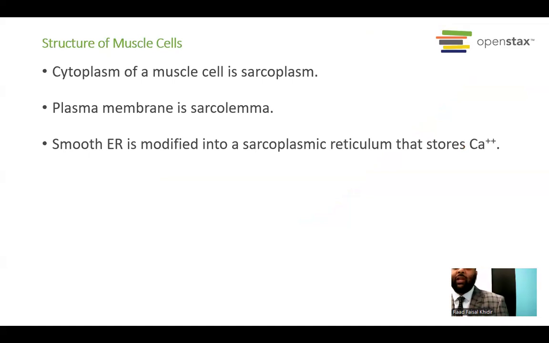So the cytoplasm of a muscle cell is known as the sarcoplasm, and the plasma membrane of a muscle cell is known as the sarcolemma.